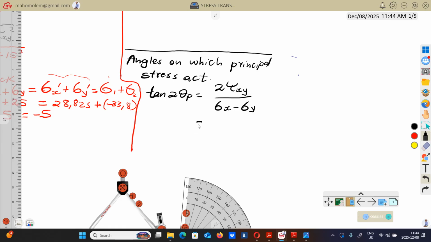We will have 2 multiplied by... Remember, the sign is very important here. If the shear stress is positive, you put positive. If it's negative, it's negative. The same thing, the sign is very important. The normal stress on the x face is compressive. You will have this.